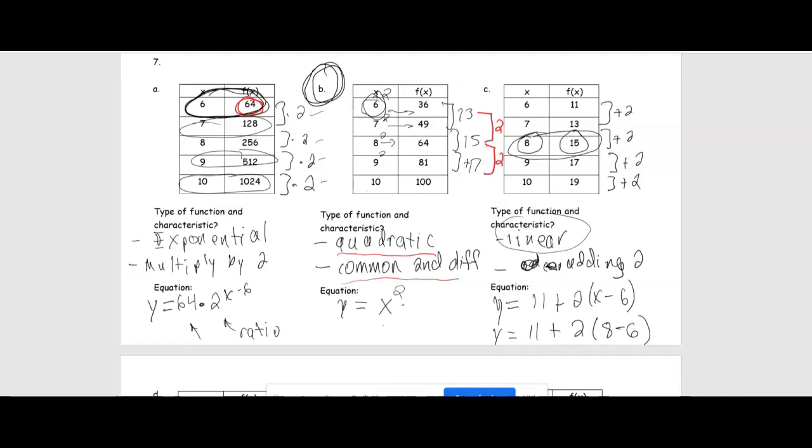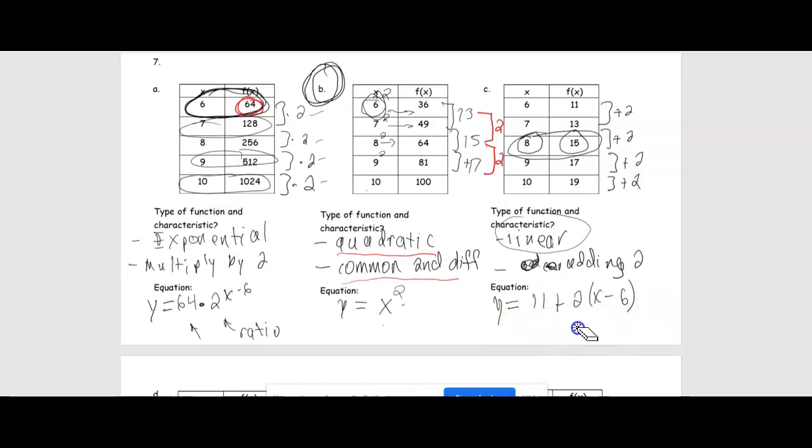And if it does, then chances are we're correct. So 8 minus 6, we know is 2. And then take 2 times 2, that's going to give you a 4. And if I add 4 and 11, will that give us our 15? Yeah, okay, so that's good. That equation we know is correct.